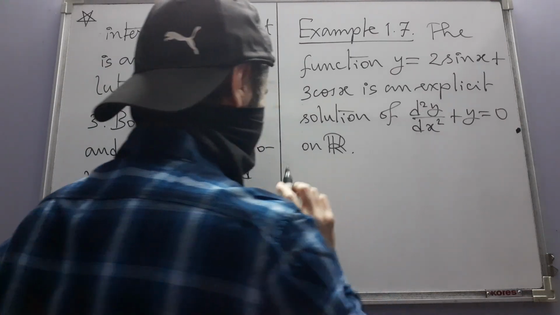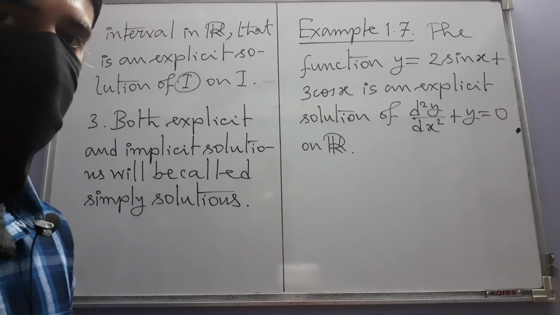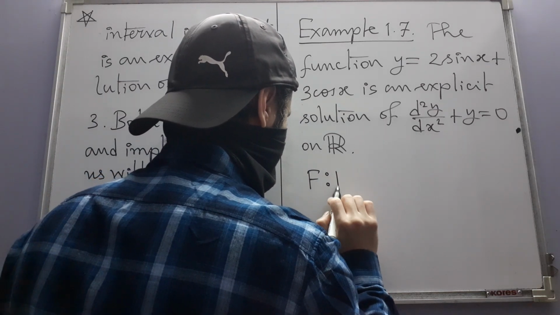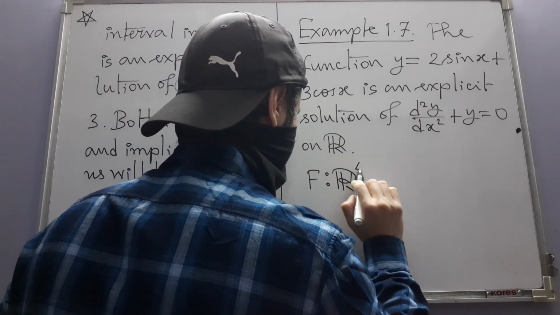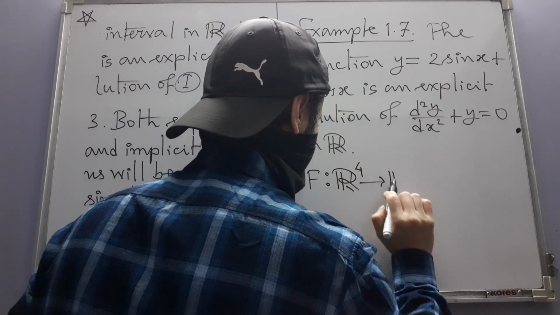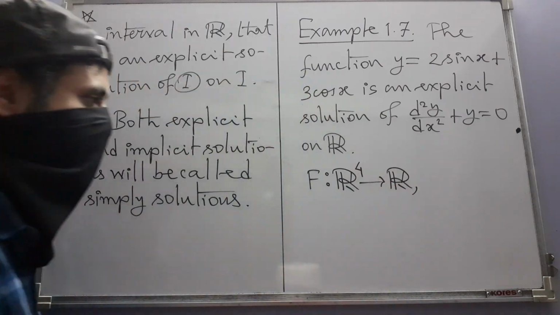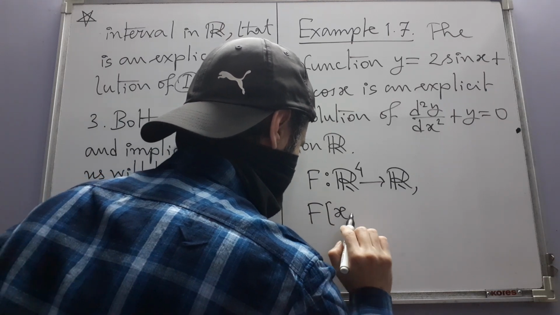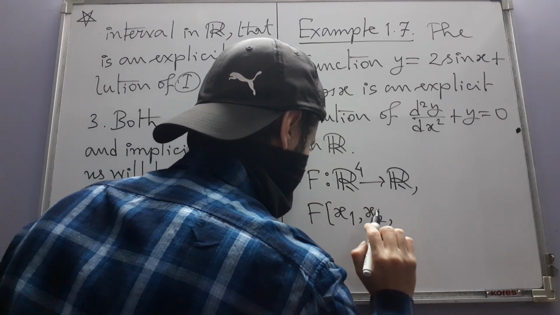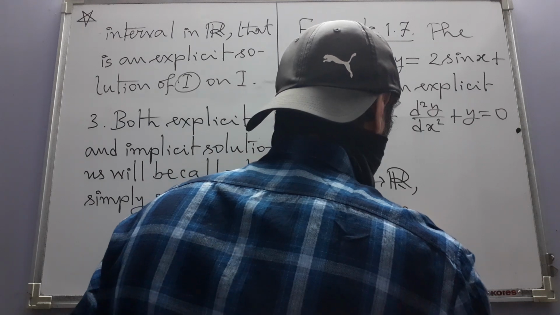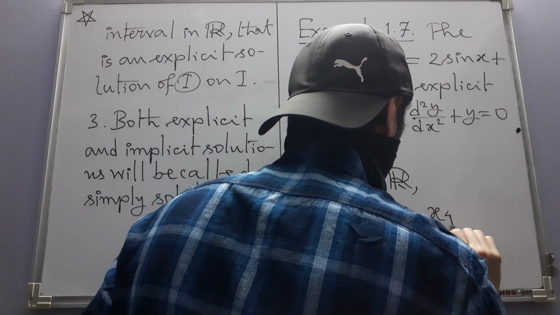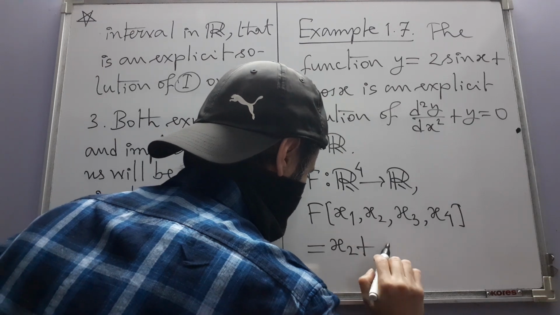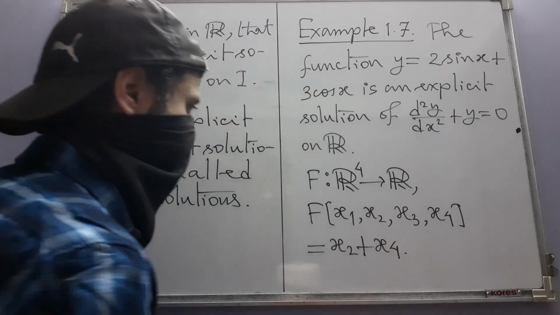Alright. So what is that function capital F in this case? That function is a function from R4 to R. And the definition of that function is this: x2 plus x4.